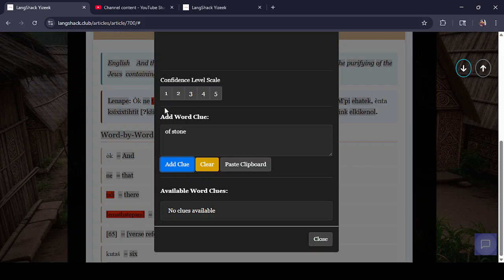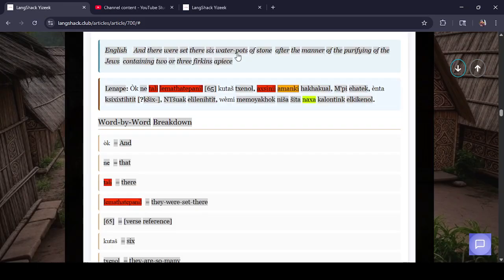Stony. Great. Stone. And this is supposed to be, hold on, water pots. I need to correct this to Haka Qual. I don't know why this didn't convert. Let's see. They are so many bottles water where it is continually.